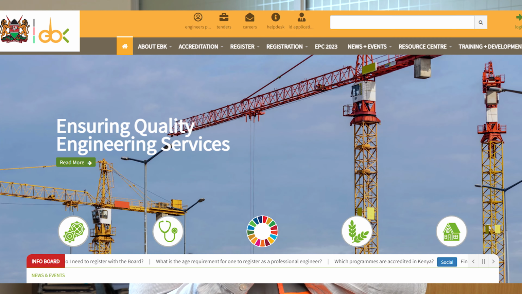And for the engineers, you would need to look at the name or the number of the engineer in the list of registered engineers on the Engineers Board of Kenya website.